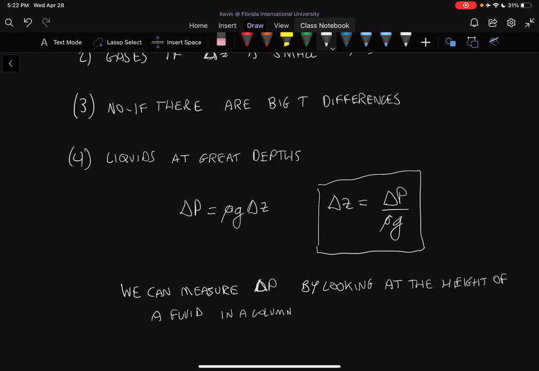So it's very interesting, but we can actually figure out what the pressure difference is between two systems or two different parts by just looking at the height of fluid in a column, and we'll be looking at that in part 3.